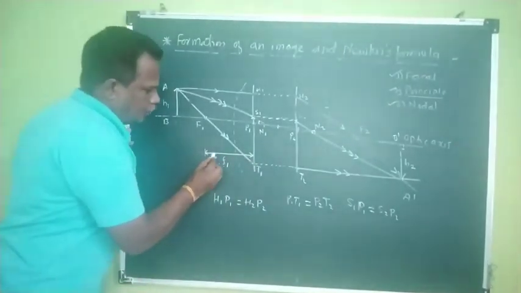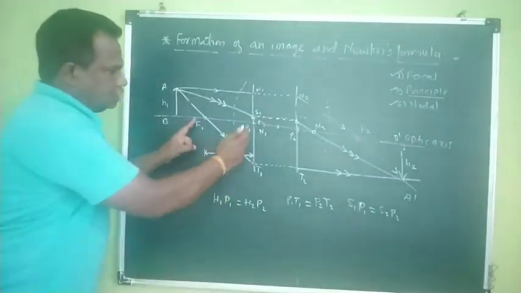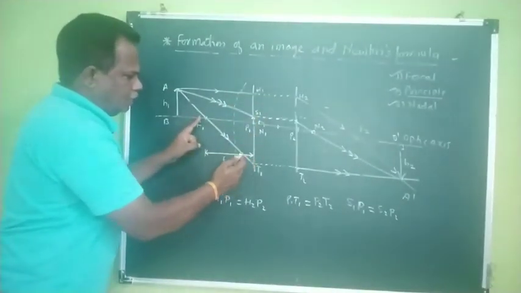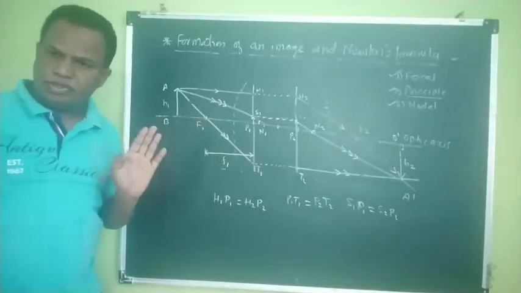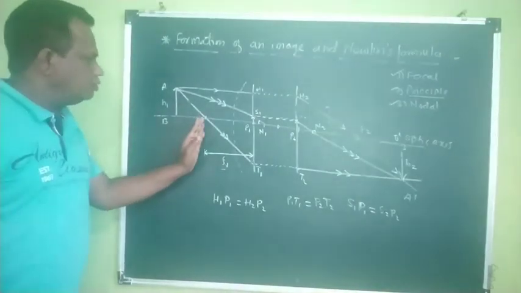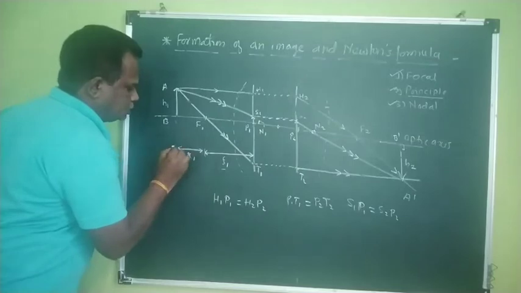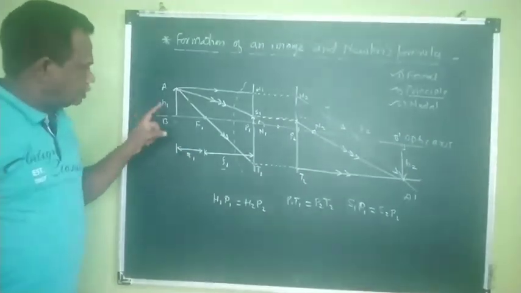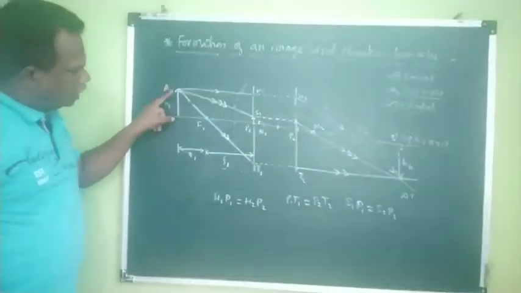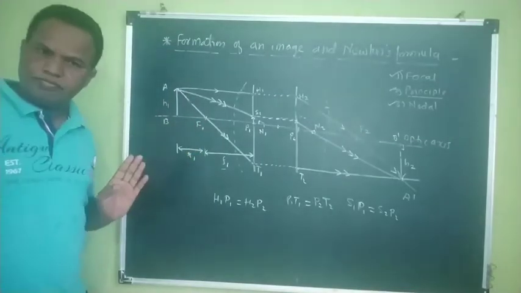So F1 is the focal length, which is measured from the first principal plane to the first focal point. Now we can put any object at a certain distance from the focal point. So let's suppose that x1 is the distance of the object from the first focal point.